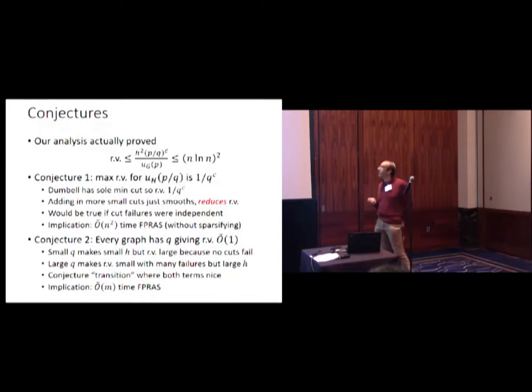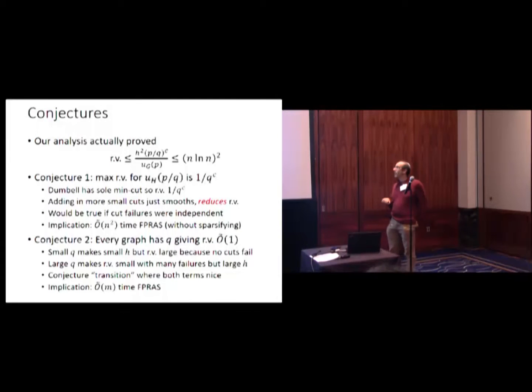So I'm going to finish up with some conjectures that follow from this. First of all, that in fact, the biggest relative variance, the most confusing graph, is actually that dumbbell, because it only has one minimum cut, and adding more cuts is just going to smooth out the sampling and reduce the variance.